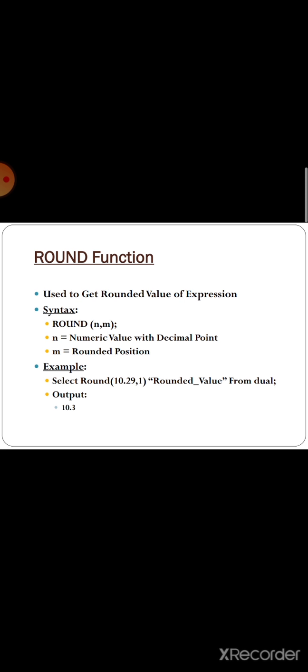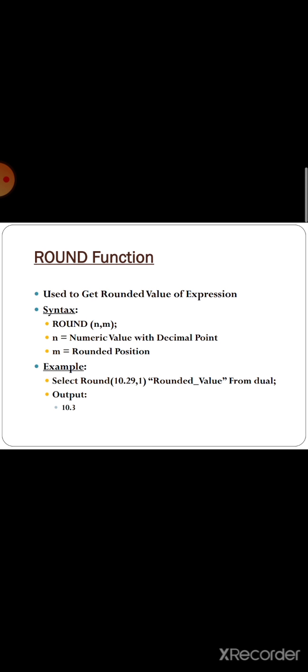You can see the example: SELECT ROUND(10.29, 1) FROM dual. You can see the output is 10.3. Because m is given as 1, after the decimal point there will be one digit, but it should be rounded. After the 2 there is the number 9. 9 is greater than 5, so it is rounded up and 2 becomes 3.